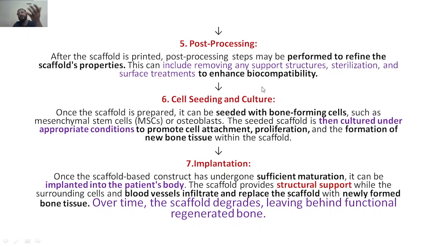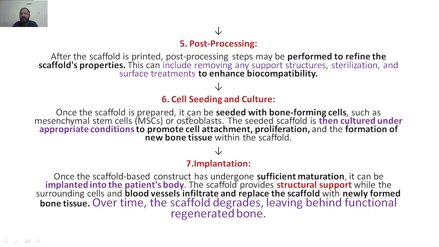After post processing, the next step is cell seeding and culture. Now we need to seed cells. We have got a scaffold, right? Now we need to seed cells inside it, for example mesenchymal cells or osteoblast cells. Why are we talking about mesenchymal cells and osteoblast cells?